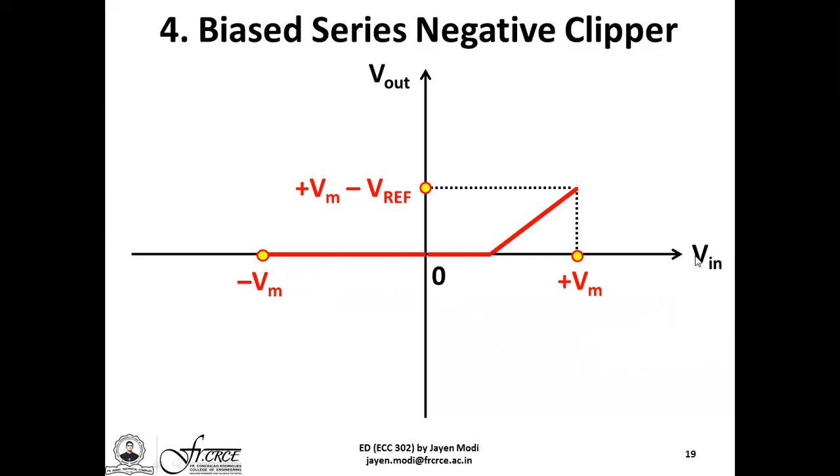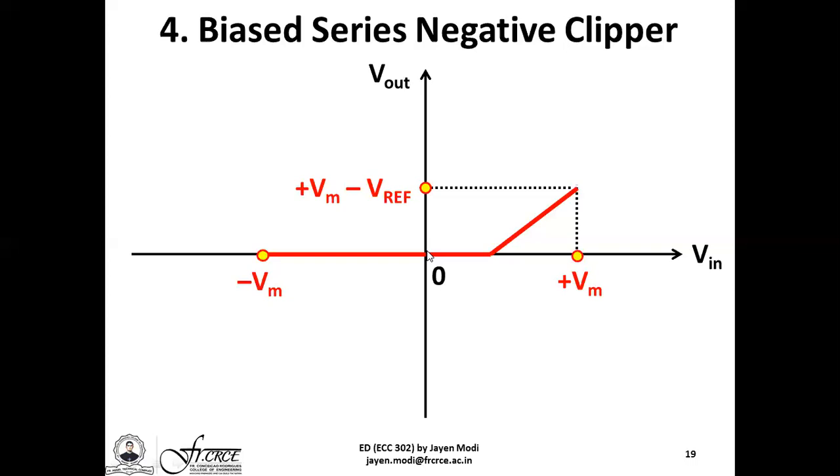So here what we see is, with the AC input signal changing its positive half cycle between 0 to plus Vm, you have the AC output signal changing from 0 to a limited value of plus Vm minus Vref. It is very easy to guess that with the DC reference voltage removed, the voltage transfer characteristics directly goes back to the unbiased series negative clipper, in which this particular graph will pass through the origin.